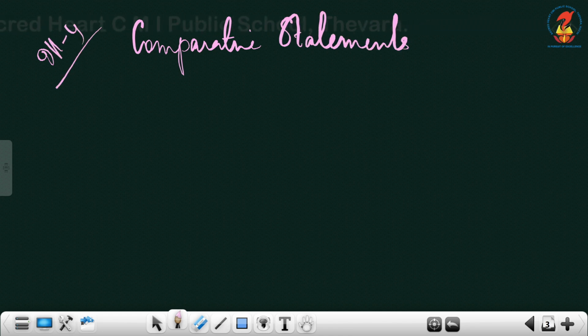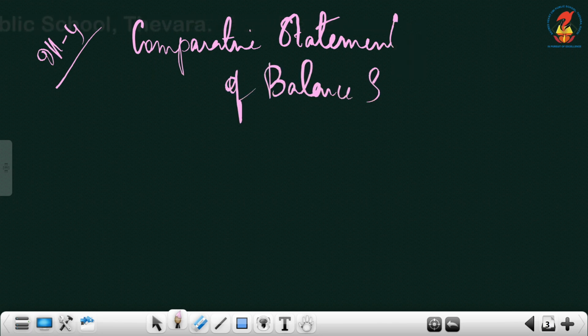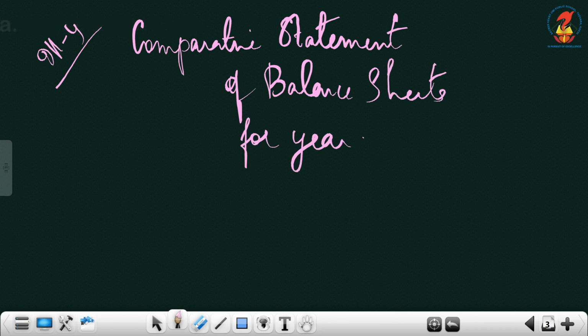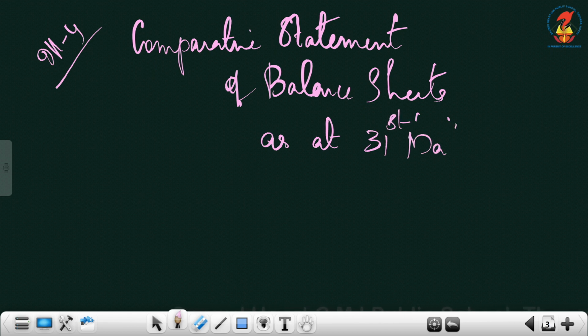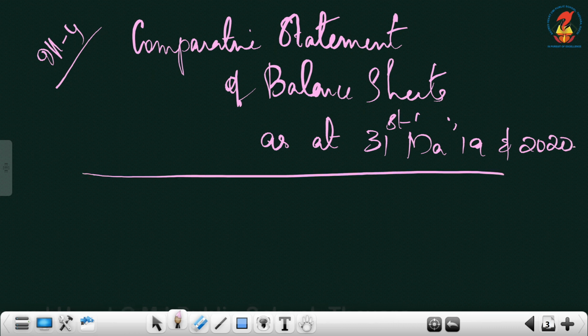Comparative statements of balance sheets for years ended, okay, for balance sheet it's not for the year ended, it is as at, you have to write it as at 2 years given in illustration 4, 31st March 2019 and 2020. So this is the heading. Now we will draw the format same like previous question.